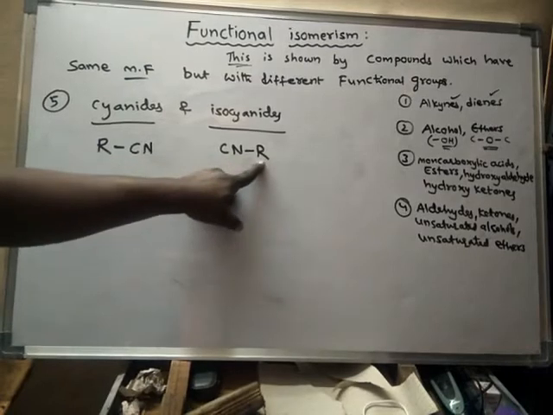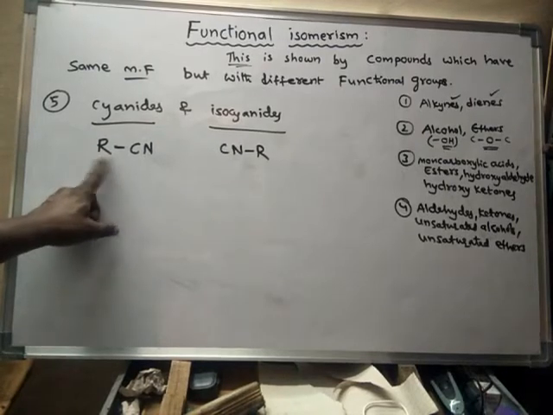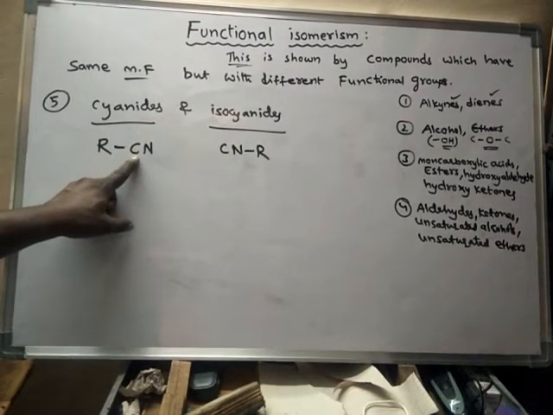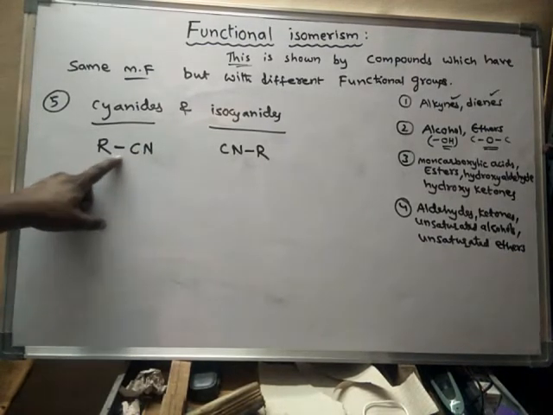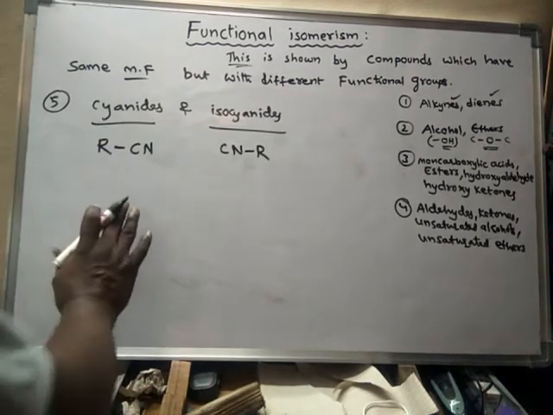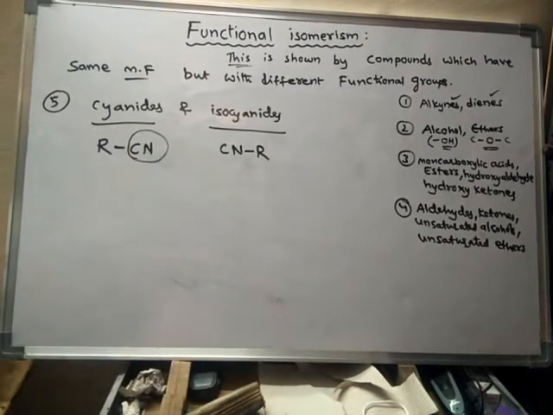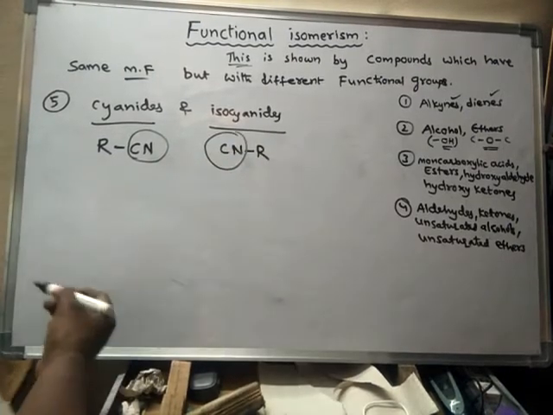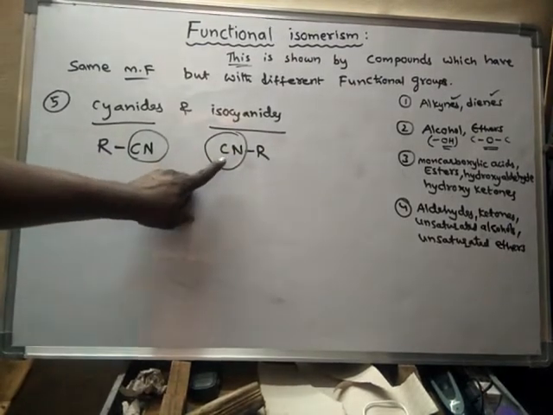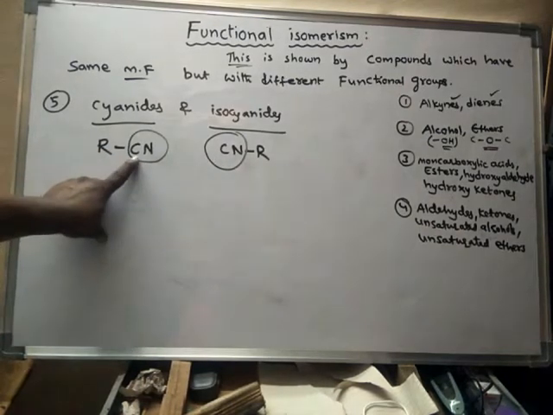So the carbon chain is broken by nitrogen here. But in this case the carbon chain is in continuation with this carbon, hence this carbon is also treated as part of the chain. So cyanides and isocyanides are functional isomers. This is one functional group and this is another. Though it seems to be CN, the connectivity is different: here through nitrogen, and here through carbon.